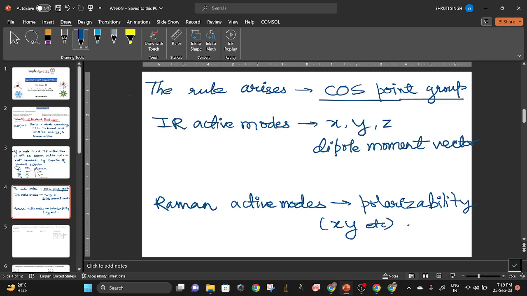So this is the product of two one-dimensional bases.